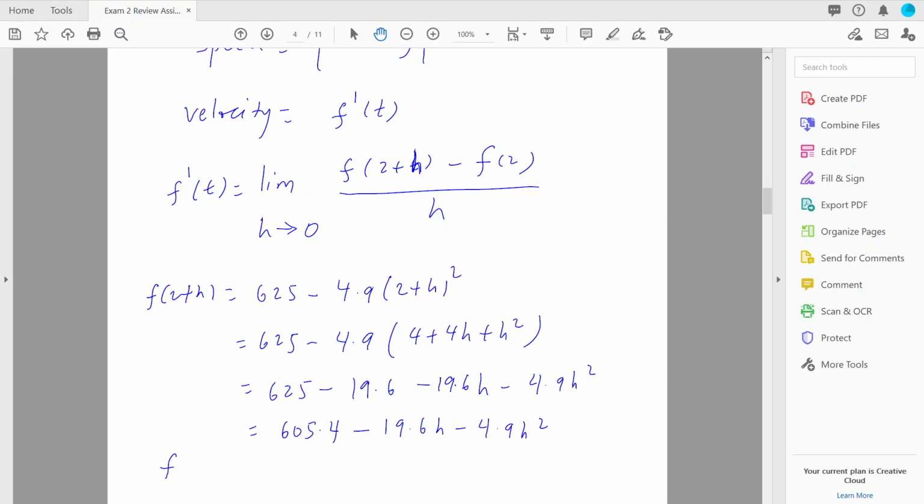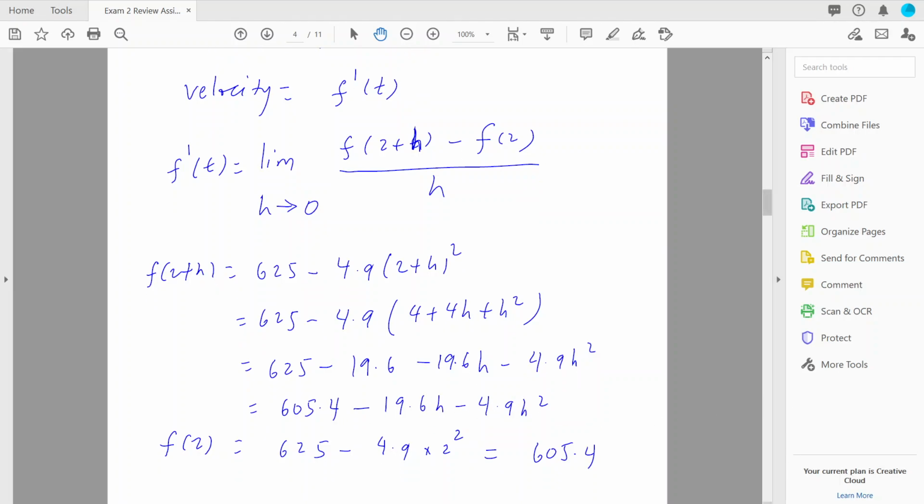The value of the function at 2 is 625 minus 4.9 times 2 squared, which eventually is 605.4. If we plug this value back here, you can see 605.4, one would be positive, another one would be negative, so you can cancel that, and you have to factor out h.